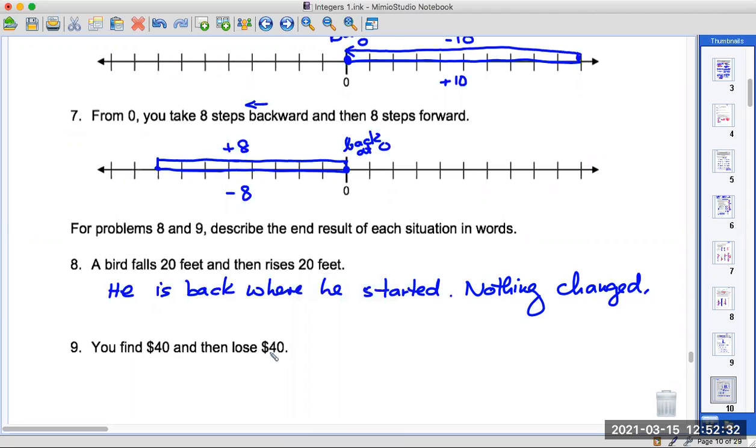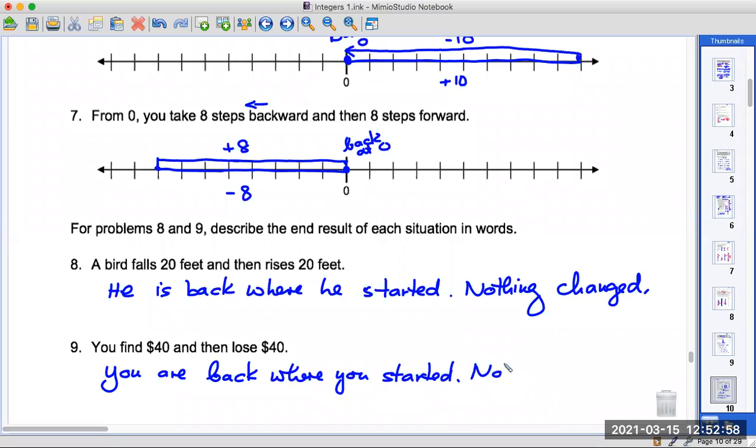You find $40 and then you lose $40. You're back to $0, right? Now we can use the 0. Well, not technically, because what if you had 120 and you gained 40? Exactly. So how about you are back where you started? Nothing changed.